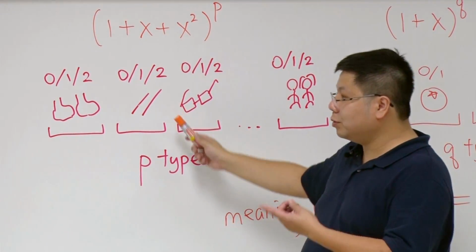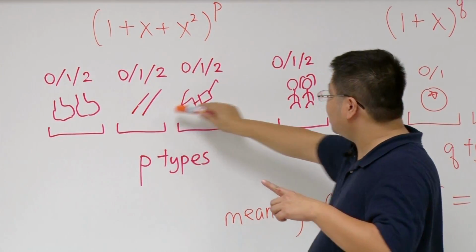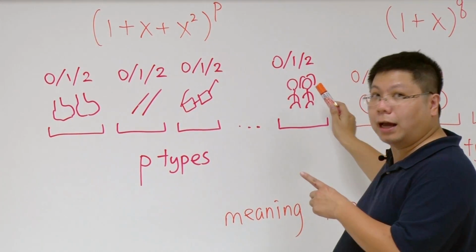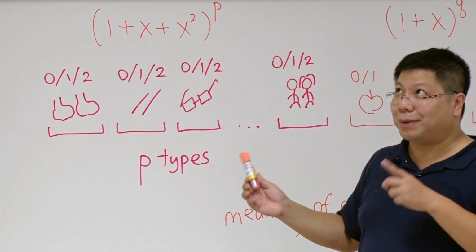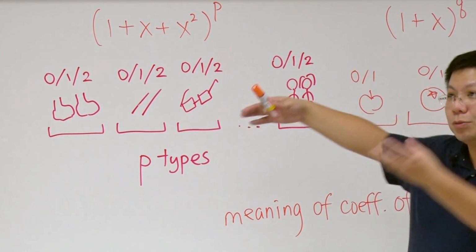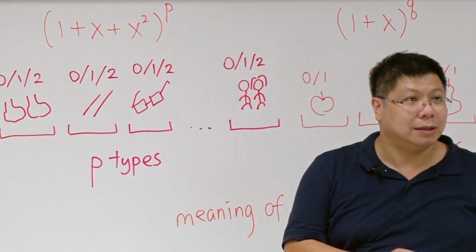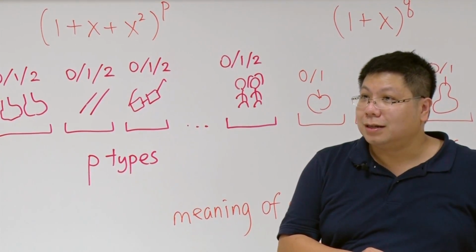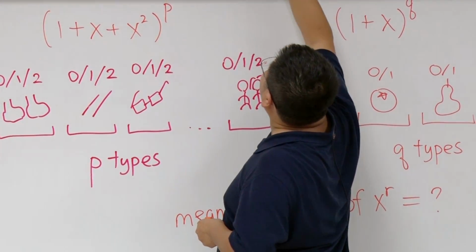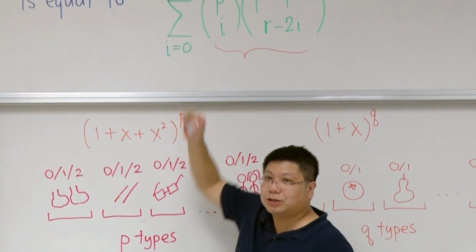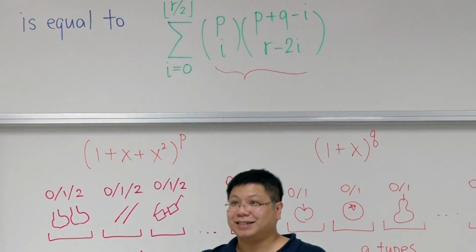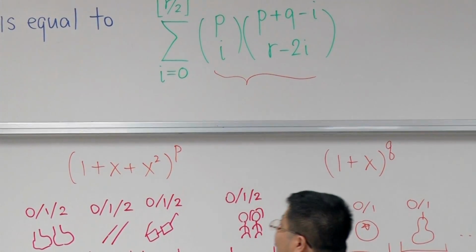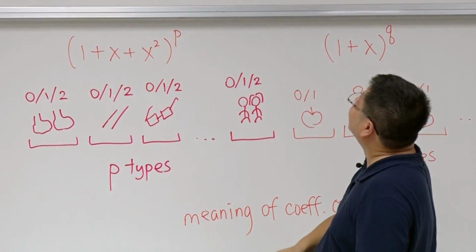I have p choose i ways to choose the i pairs, and then I have p plus q minus i choose r minus 2i ways to choose the remaining r minus 2i items. Each part here is a rule of product, and the summation is the cases, the rule of sum. That's it. It looks really tedious, but don't worry.